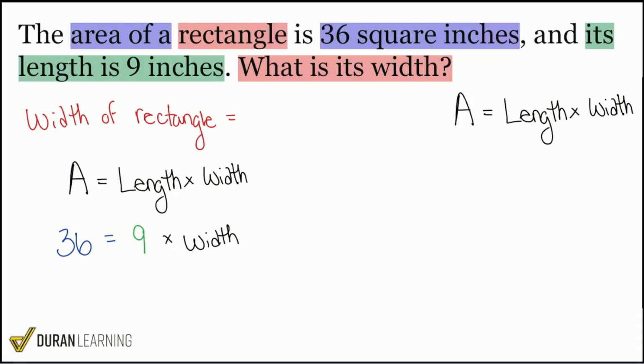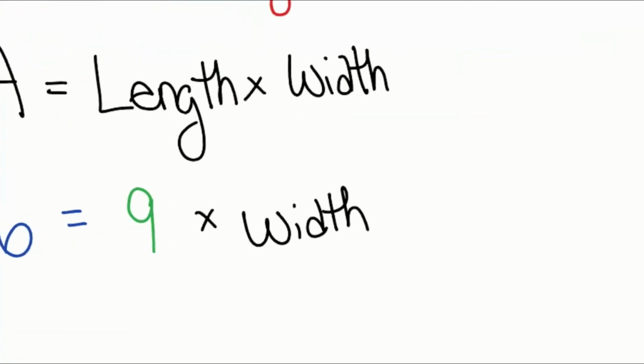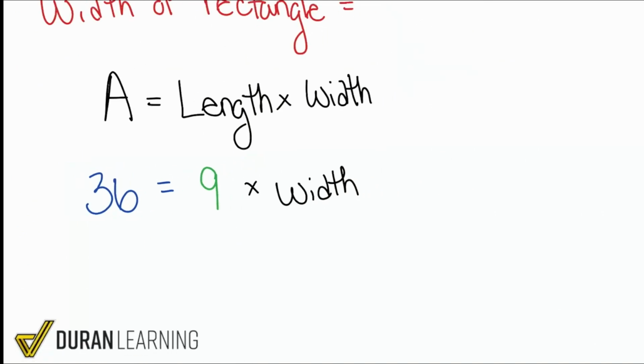So when we take a look at what we have, this is what we want to ask ourselves. On the regular area formula, we multiply the length and the width to get the area. However, we already have the area. We're trying to work backwards to get the width. So we want to get rid of the 9 that was being multiplied.